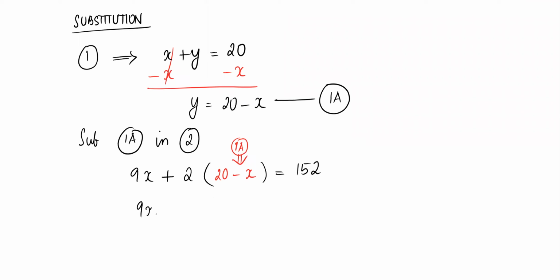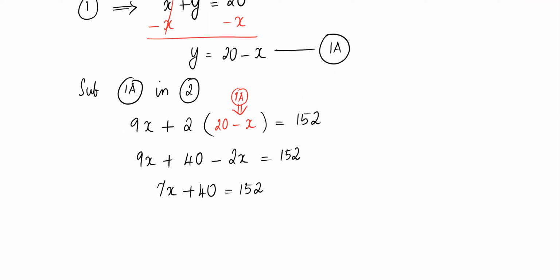All right, so 9x plus distribute 2 times 20, 40, minus 2 times x, 2x equals 152. Combine the like terms. So 9x minus 2x is 7x plus 40 equals 152.